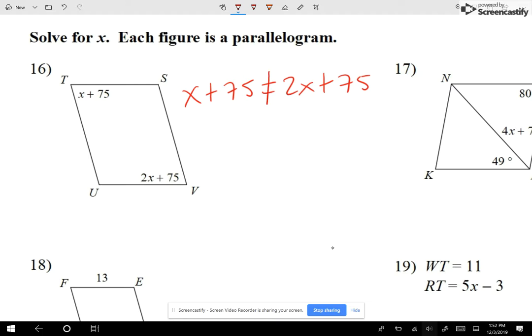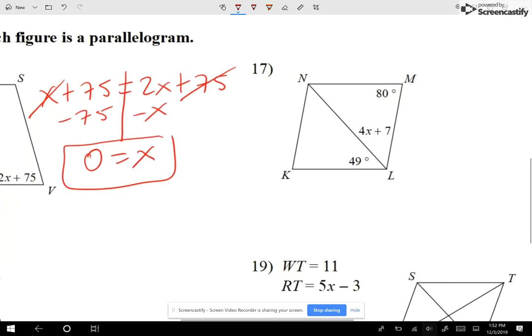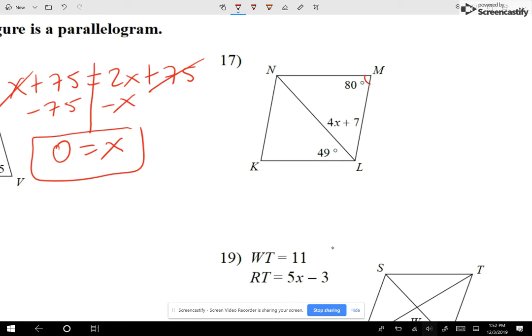All right, so now I'm just going to work this as an algebra question. My 1x, I'm going to move it to the right as a minus x. My 75, I'm going to move it to the left as a minus 75. So I have that 0 is equal to 1x. That's my answer.